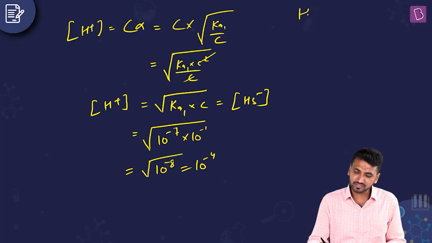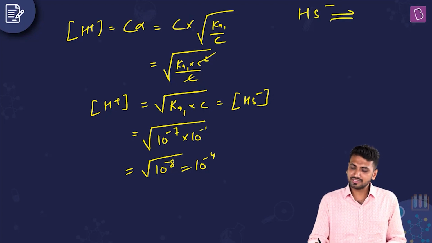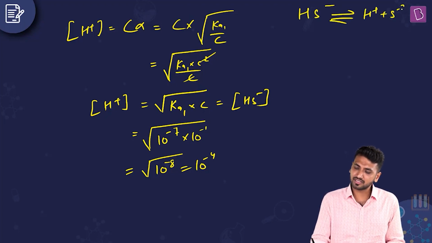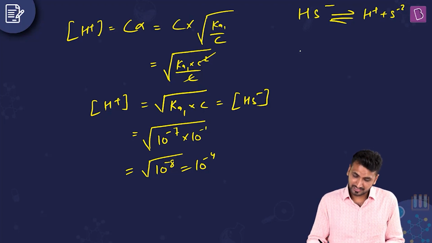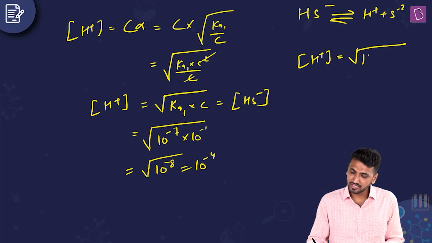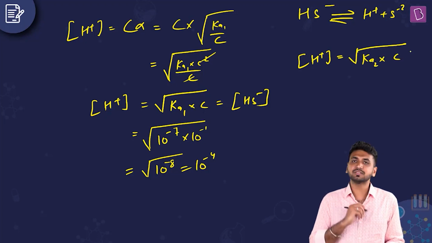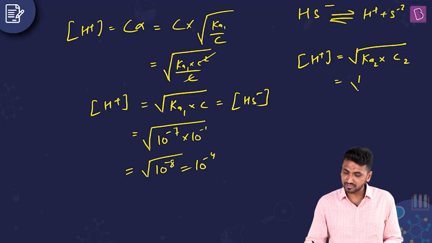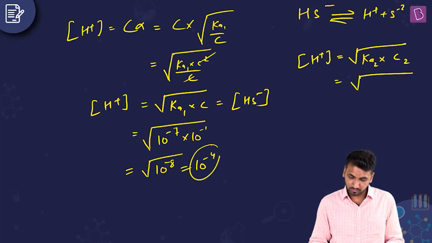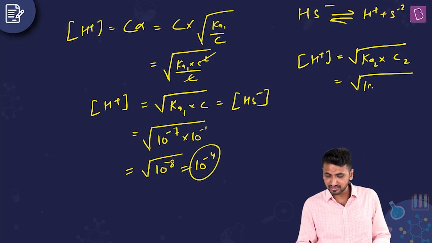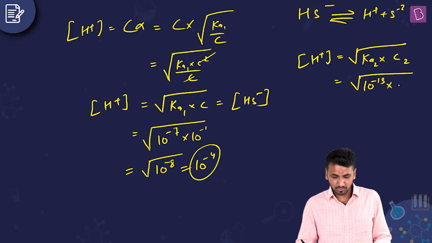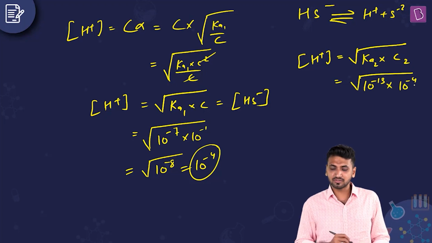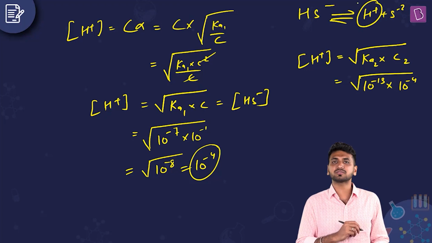Now let's talk about HS minus. On the same parallel basis, can I say that the concentration of H plus from here is again going to be under root of Ka2 into C, or rather C2. The concentration of HS minus here is what? 10 to the power minus 4. It is same for H plus and HS minus in the first reaction. So can I say 10 to the power minus 13 into 10 to the power minus 4. This will give you the concentration of H plus from HS minus.